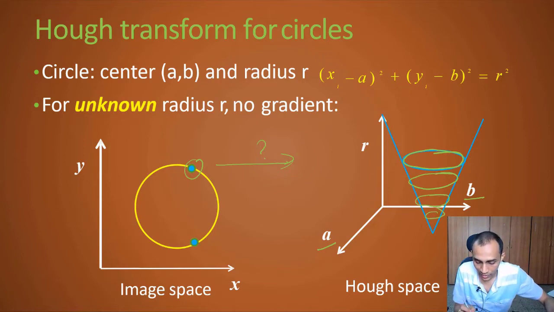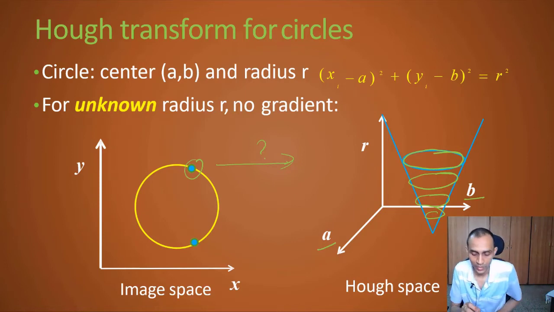So if you see, actually it is going to make a kind of a cone surface. So each point in the image will correspond to a cone in this 3D space.